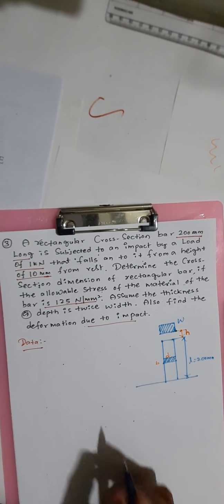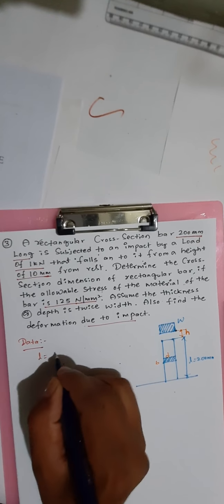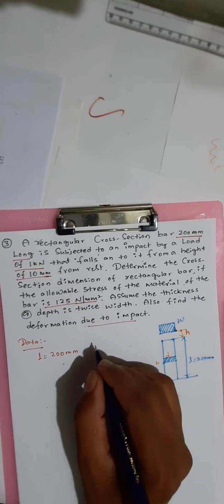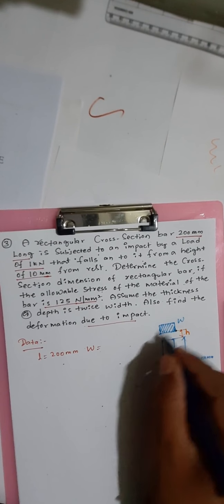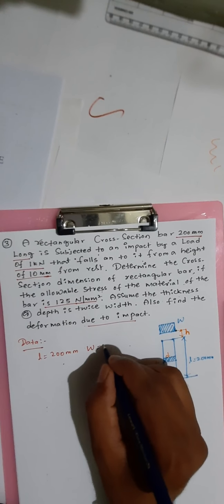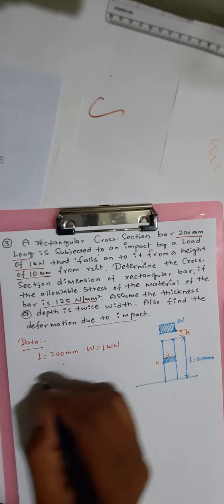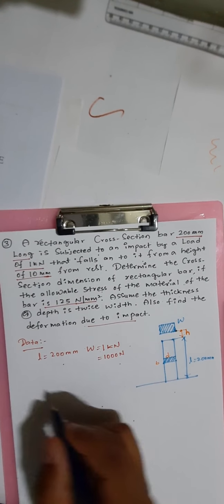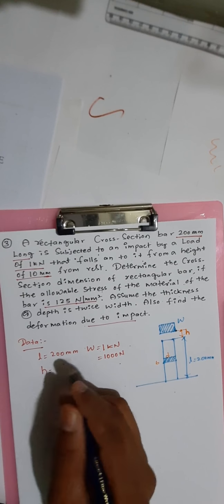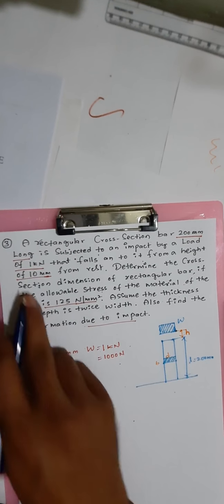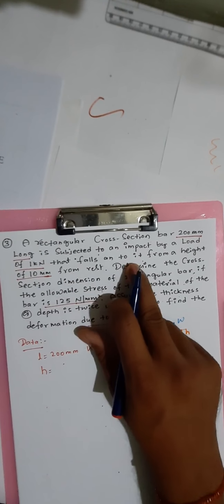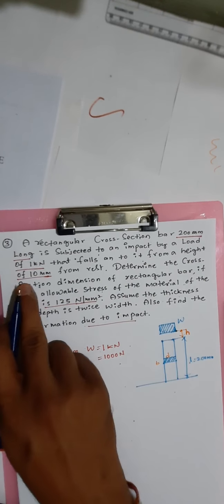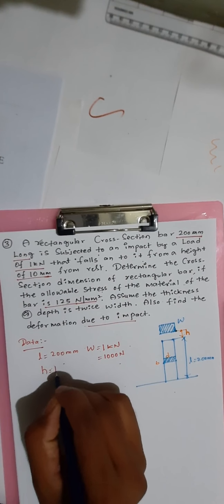Next, let us note down the given data. L is equal to 200 mm. W is equal to 1 kilonewton, that is equal to 1000 newtons. H is equal to 10 mm, since the load falls from a height of 10 mm.